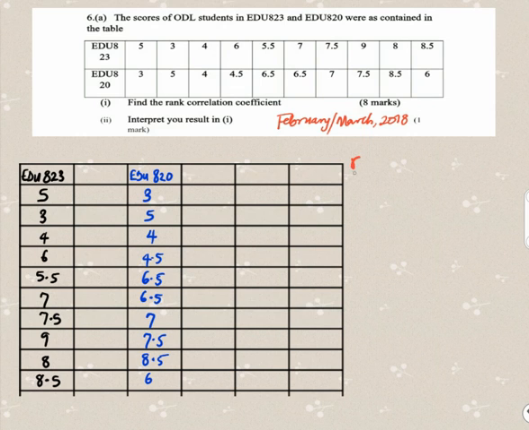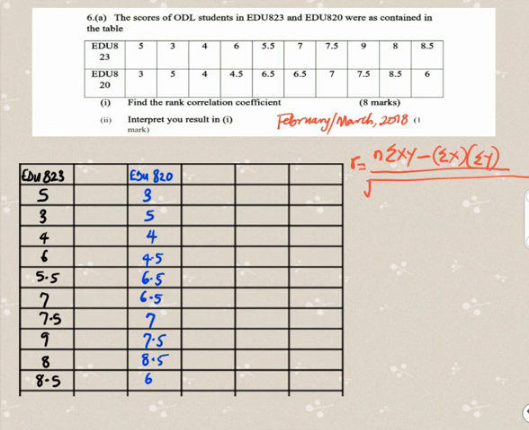Here, the correlation coefficient is equal to n summation, the product of x and y, minus the summation of x multiplied by the summation of y, all over the roots.